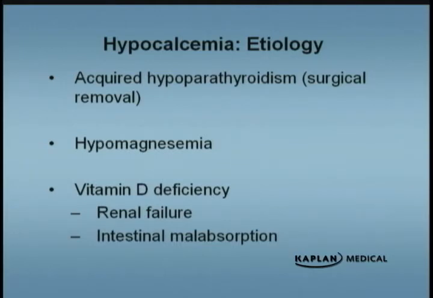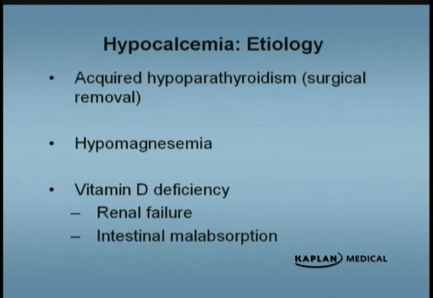And then we talked about intestinal malabsorption with things like celiac sprue, Crohn's disease, or things like chronic pancreatitis, where you don't have pancreatic enzymes. And then we talked about some other rarer causes that we could see in older patients, because they don't get enough sunlight, because they stay in the bed all the time and they don't get access to sunlight, and you don't absorb vitamin D through the sunlight and so forth.